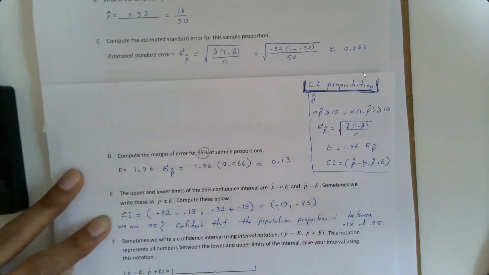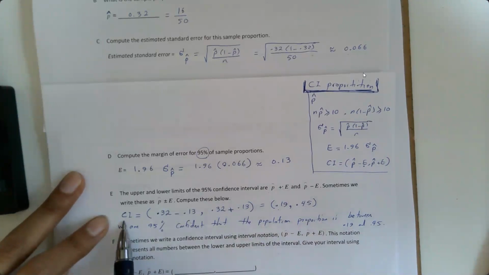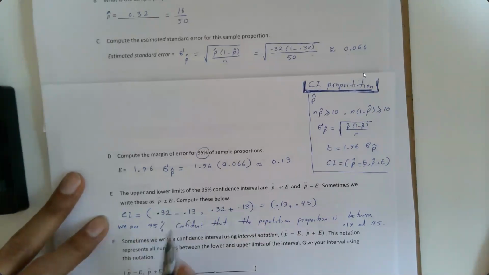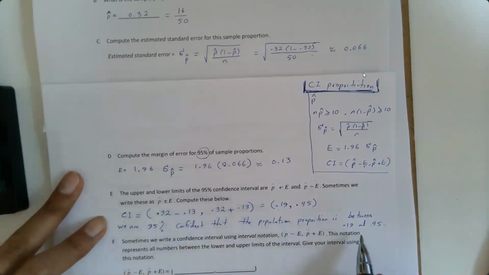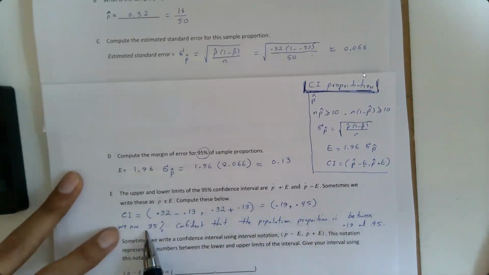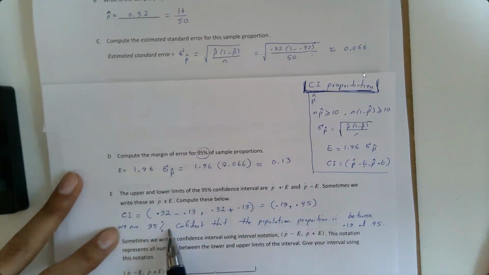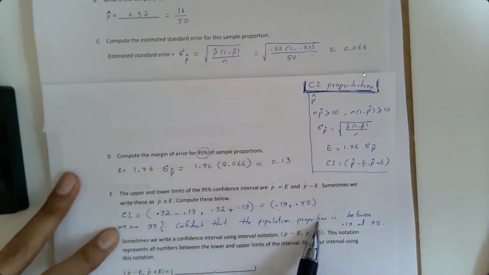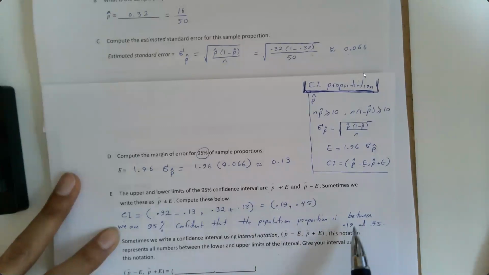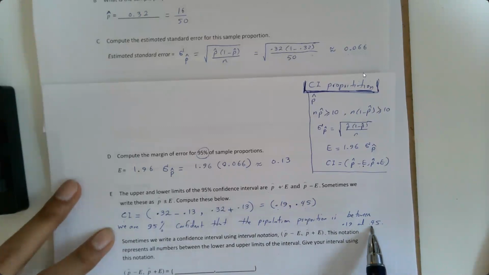That's the meaning of a confidence interval. We don't have the exact value, but we are 95% confident about that. I know this is not an exact number, but I am 95% confident that the population proportion of blue M&Ms is between 19% and 45%.